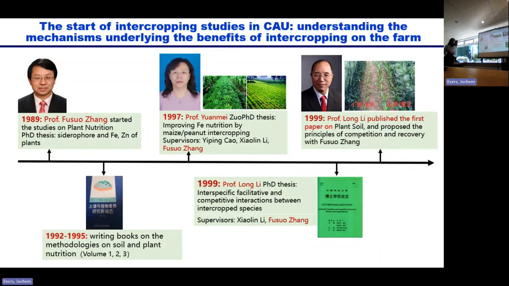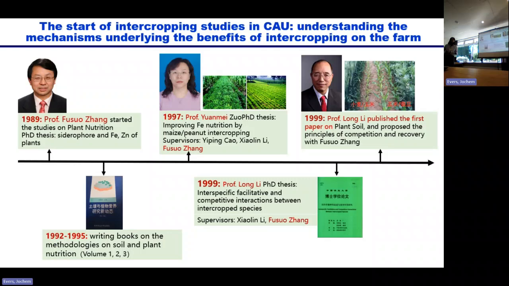After he came back to China, he wrote some books on methodologies for soil and plant nutrition, and he wanted to relate his expertise to some interesting stories in the field.